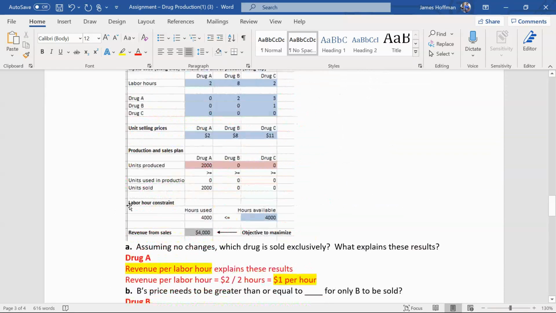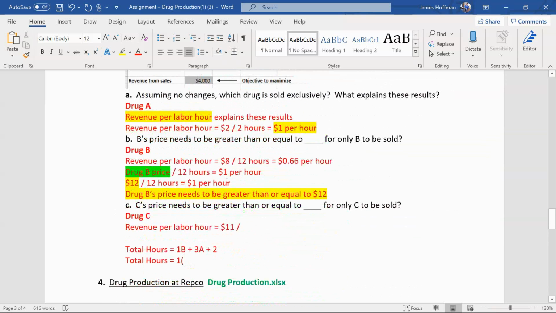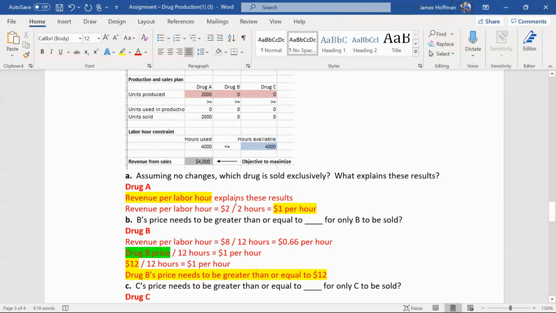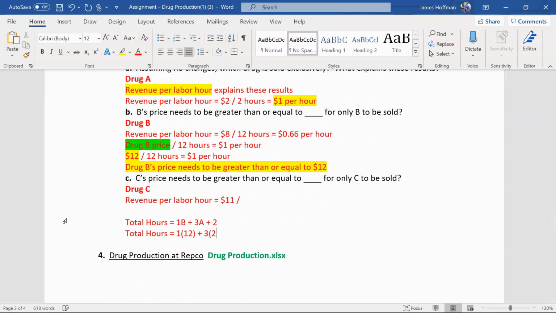Okay, so the 1 drug B, we already determined the hours, right? It was 12. And then each drug A takes 2 hours, right? And then plus 2 more hours.